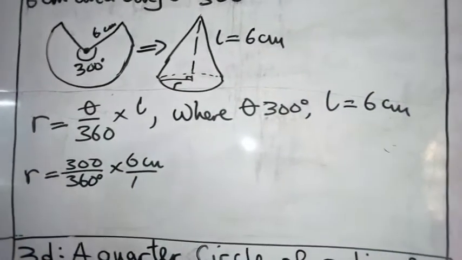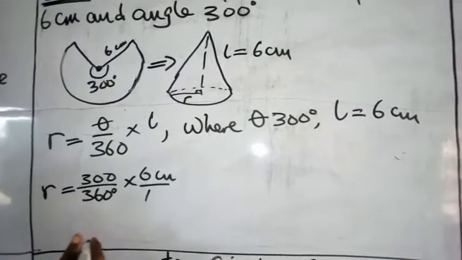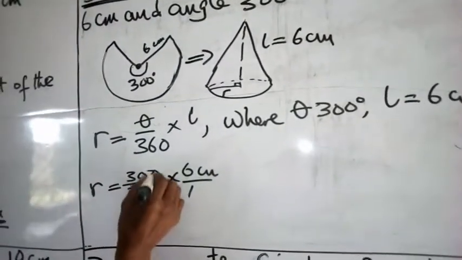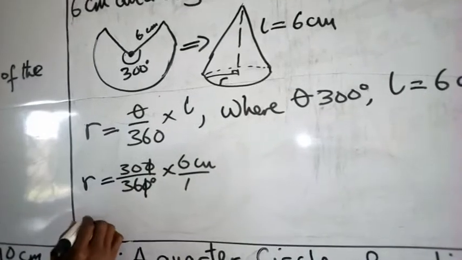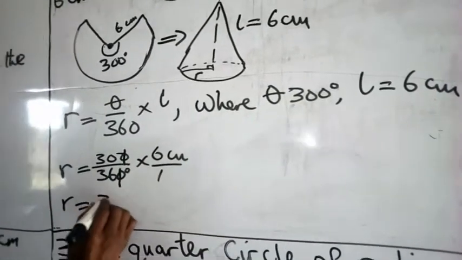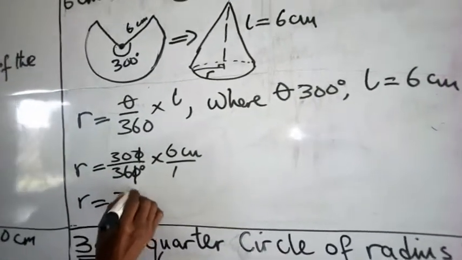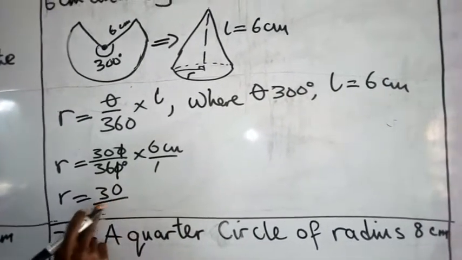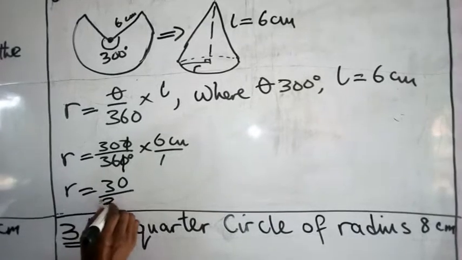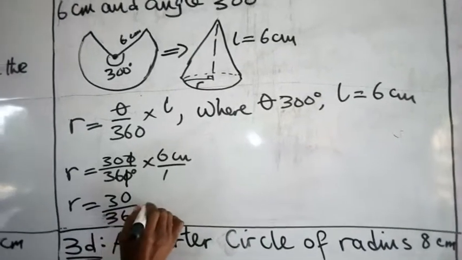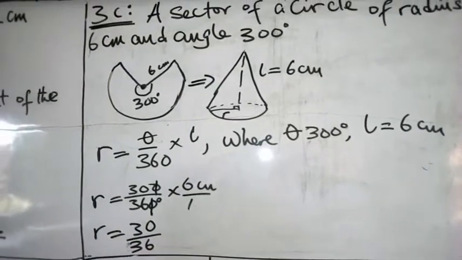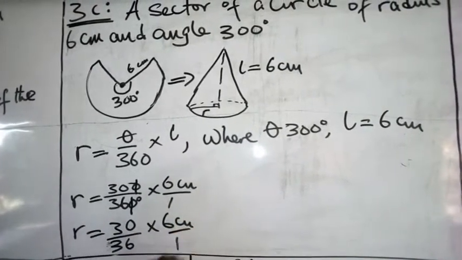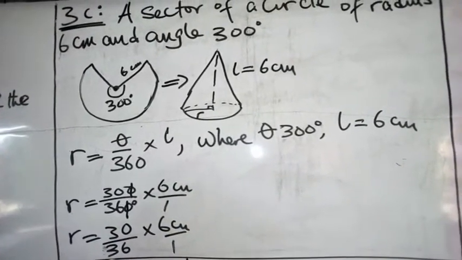To cut the long story short, by the time you work on this and that, you are left with radius is equal to 30 all over 36 times 6 cm all over 1. Do you need to waste time there?